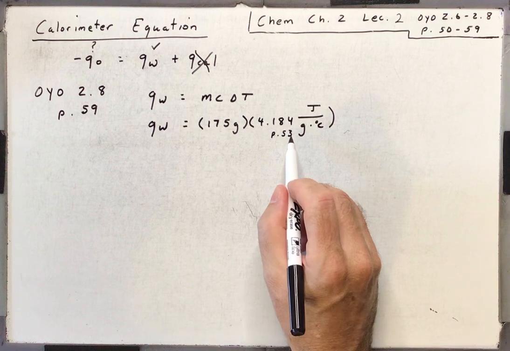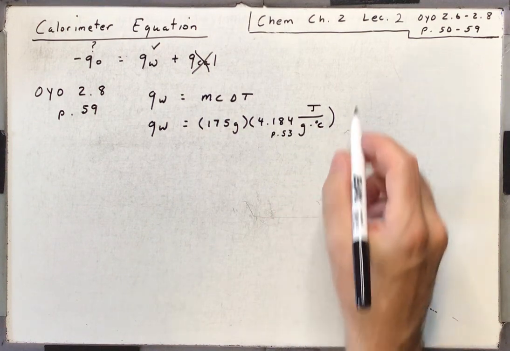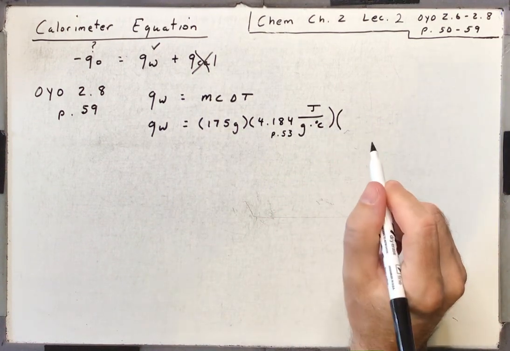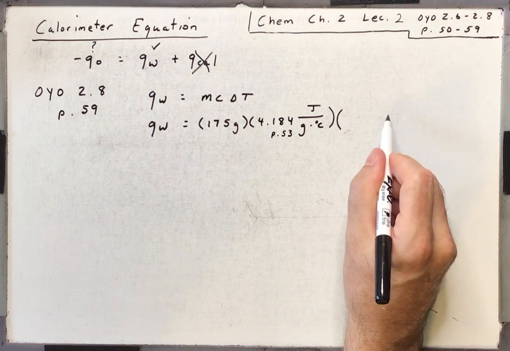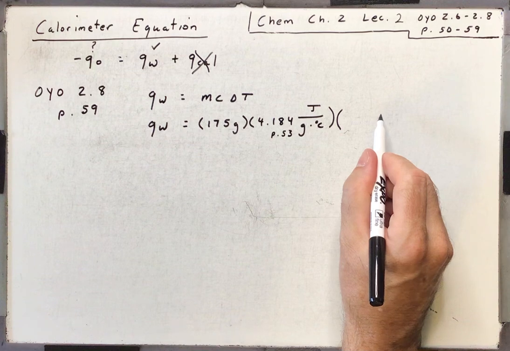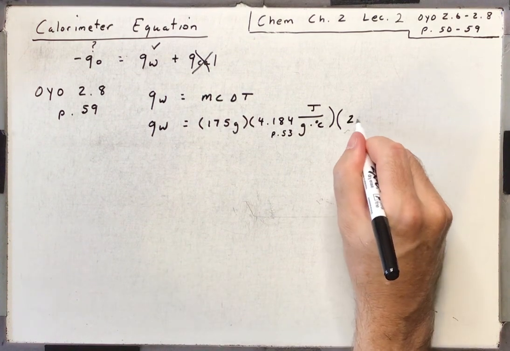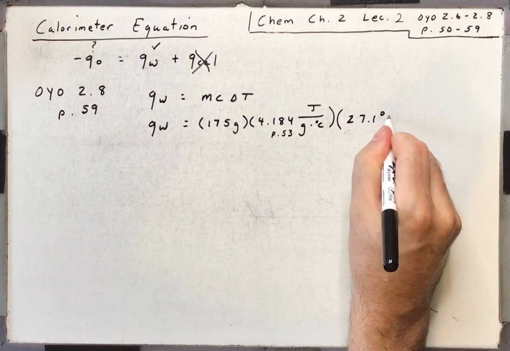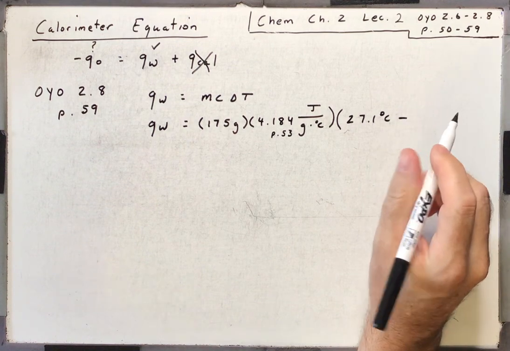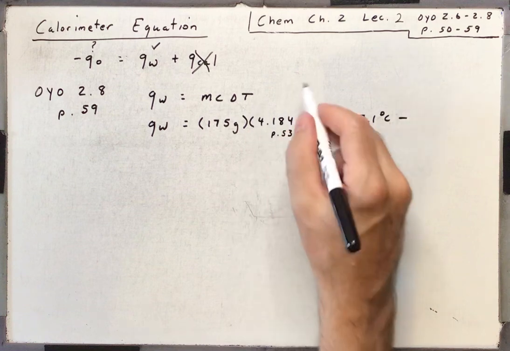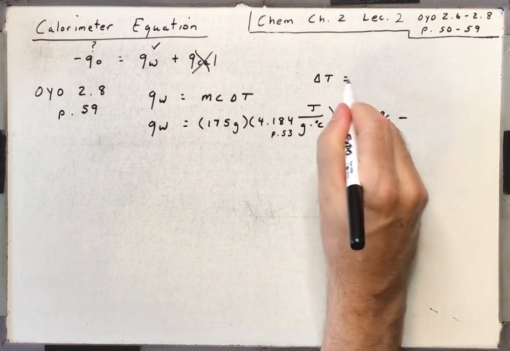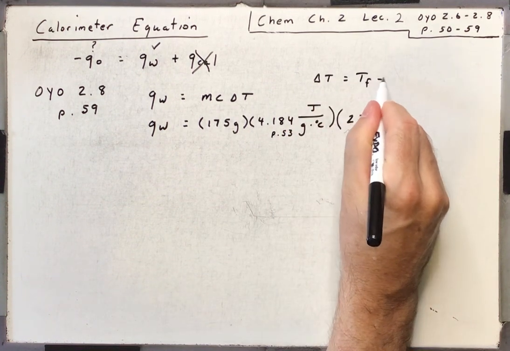However, it'll be given to you on the test. And then we need the final temperature of the water and the initial temperature of the water. Well, the final temperature of the water, it's in the problem, it's 27.1 degrees C. And the initial temperature of the water, so delta T, remember delta T is T final minus T initial.